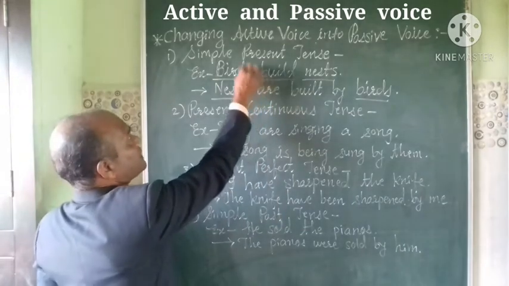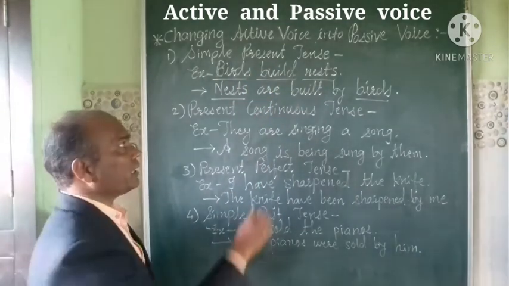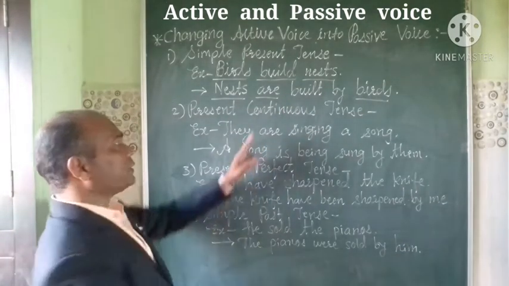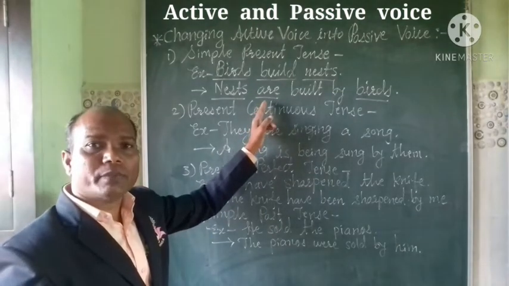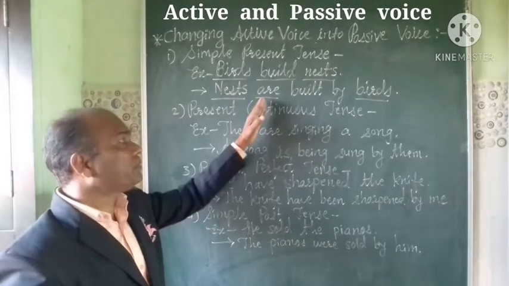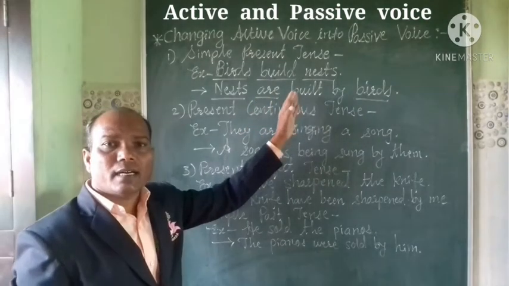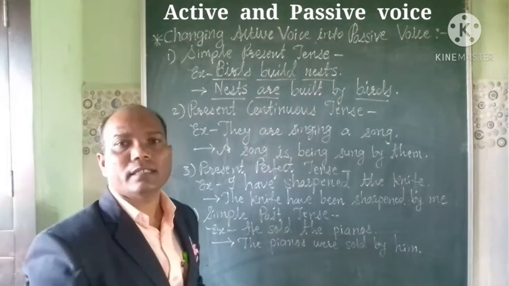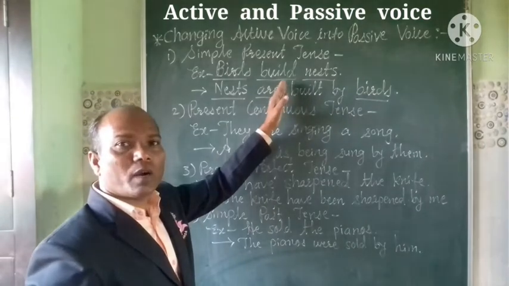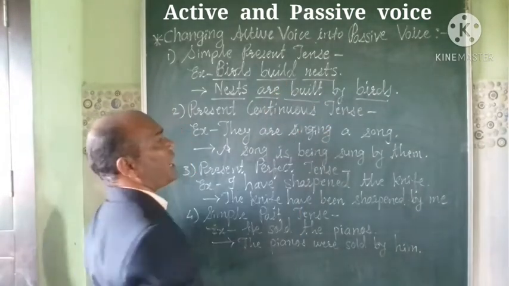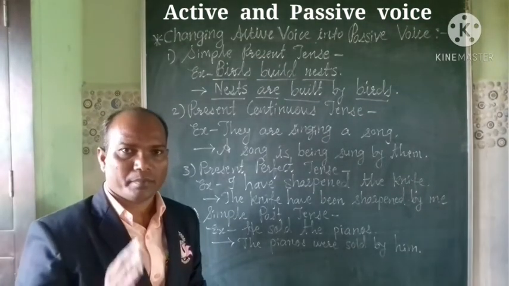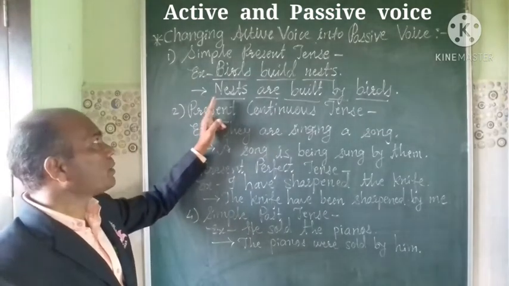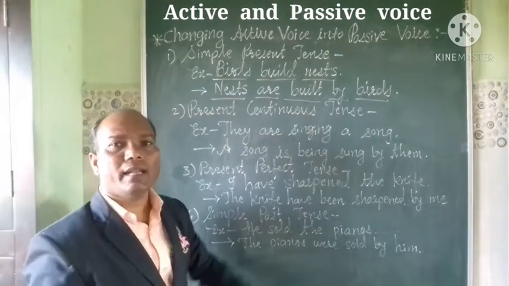Here the sentence is in simple present tense, so the suitable helping verb is are, after nests. Then we have to use the past participle form of the main verb, build. This verb's past participle is built. And after that we have to use the preposition by. In this way, the passive voice answer: nests are built by birds.